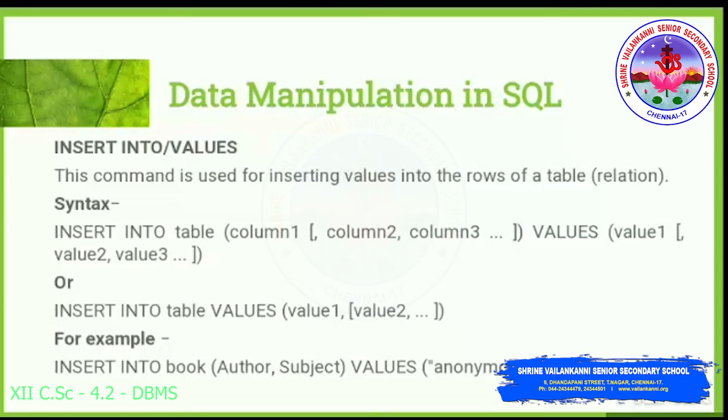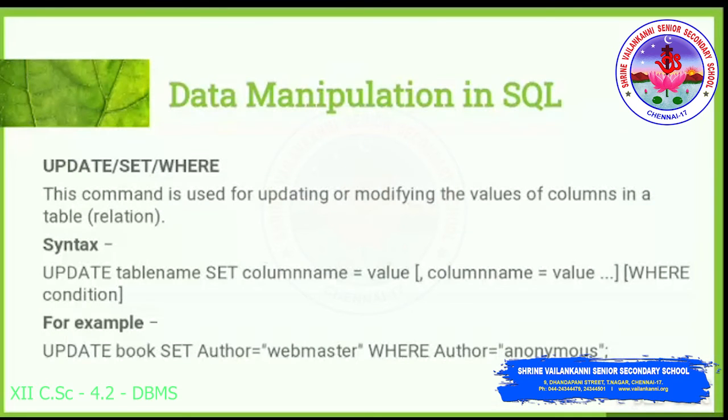So here, when you give the values directly without mentioning the columns, it tells that we are going to give a value to each and every attribute inside the relation. The first syntax tells that we can selectively give values to the columns. For example, insert into book, author, subject, values anonymous, computers.